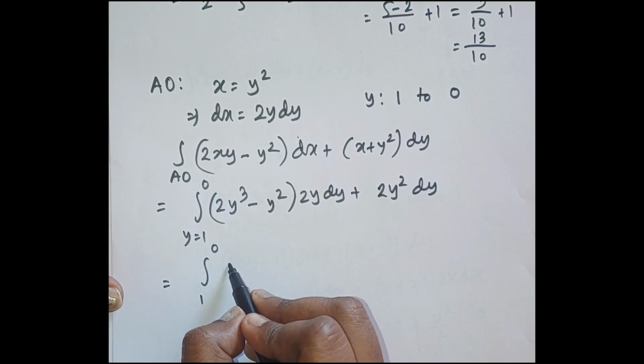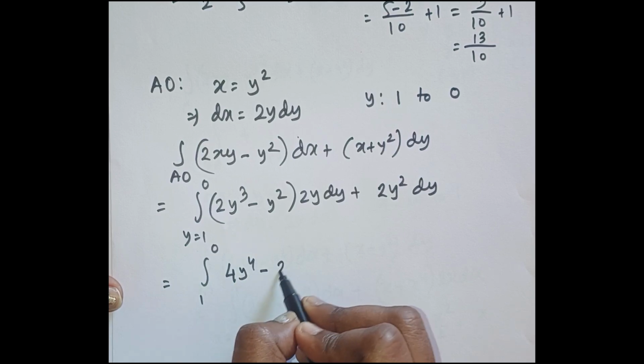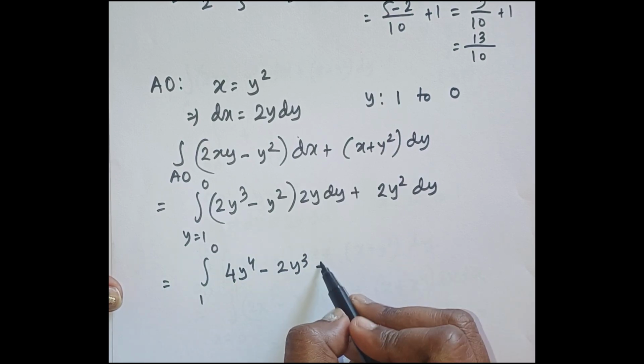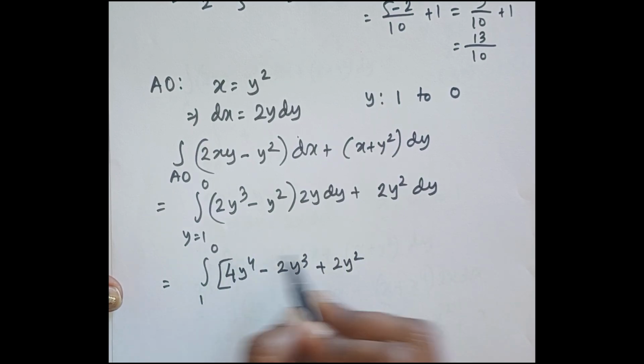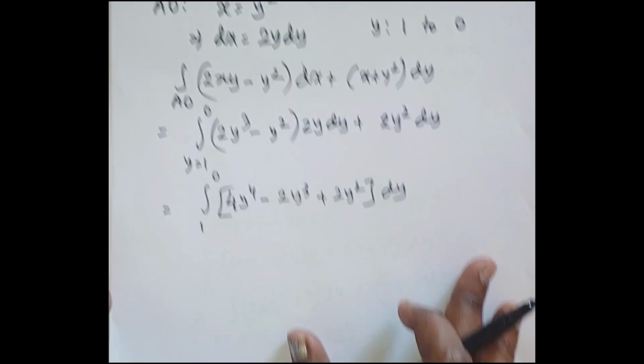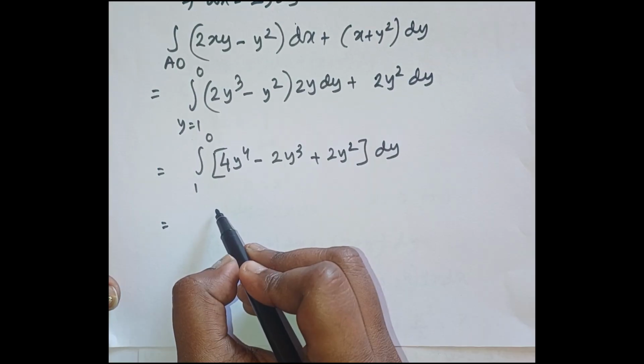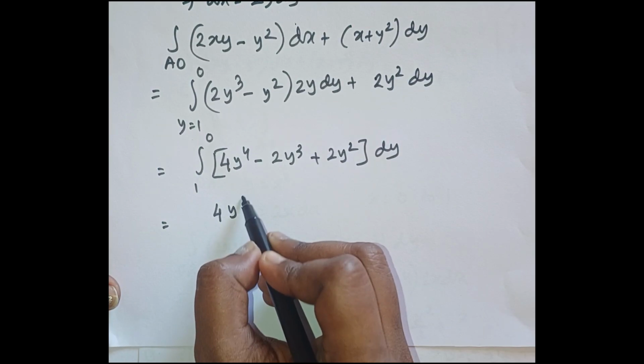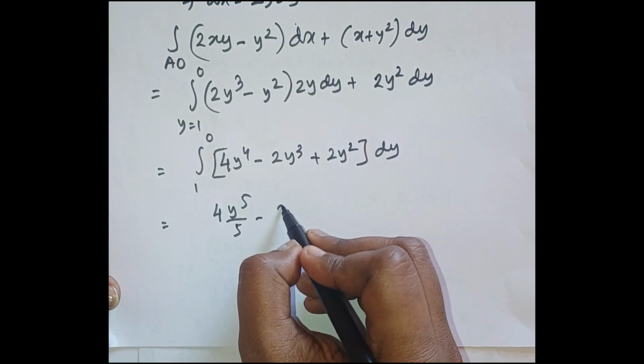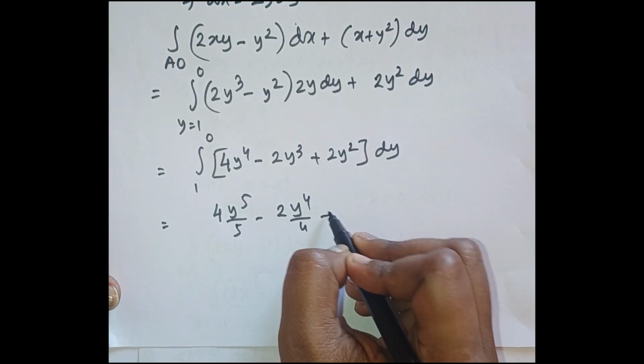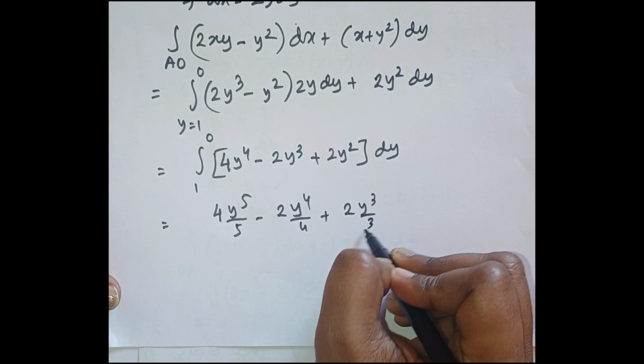Then it will be 4y to the power 4 minus 2y cube plus 2y square dy. So calculating, we will be getting 4y to the power 5 by 5 minus 2y to the power 4 by 4 plus 2y cube by 3.